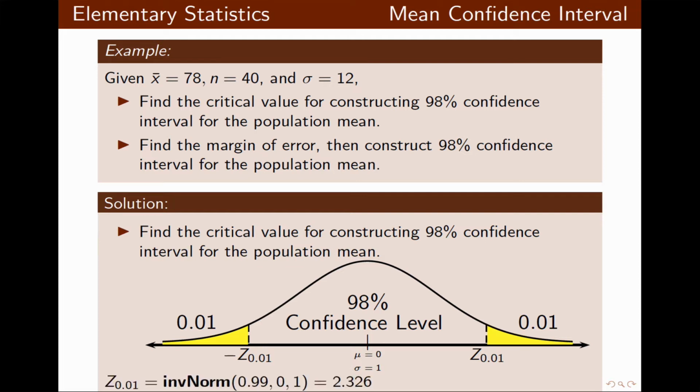Using the inverse norm command on the TI and the left area of 0.99 with a mean of 0 and a standard deviation of 1, our critical value is 2.326.